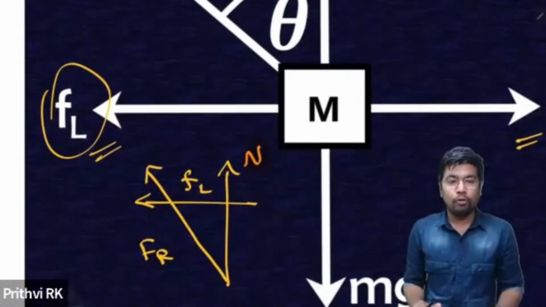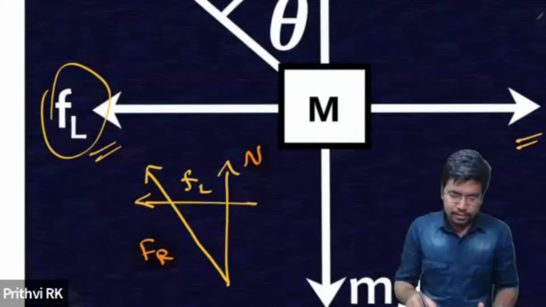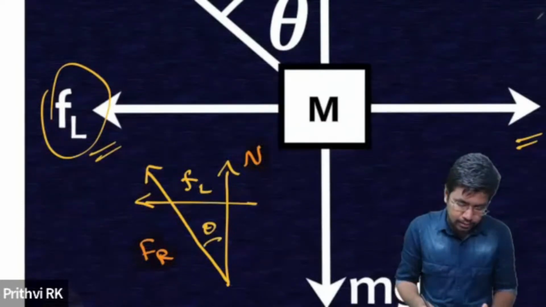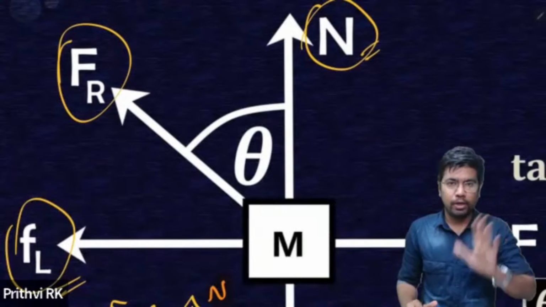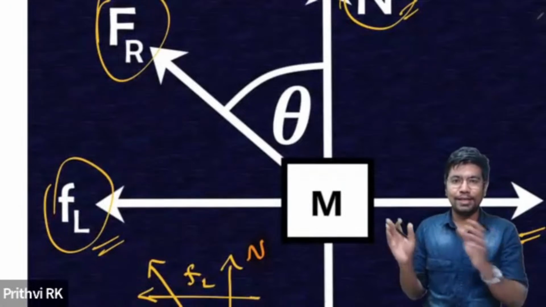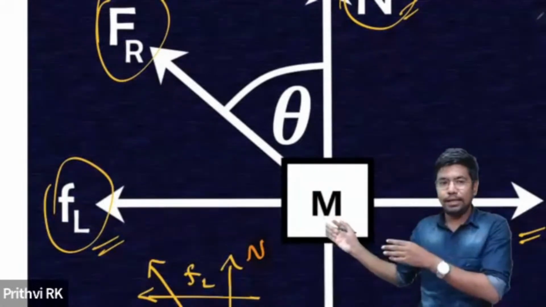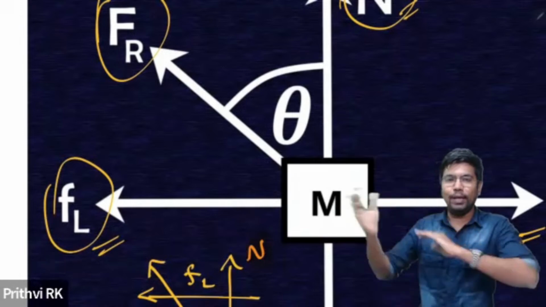Look at the direction of the resultant force FR. It is at an angle theta, and in this diagram also it is at an angle theta. Now come to the frictional force. In this diagram, for me, it is towards the left. Since you are watching the video, I think it will be mirrored for you.